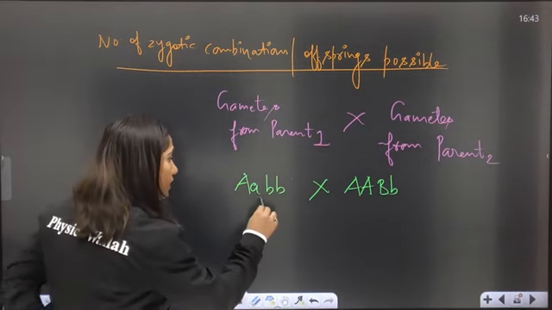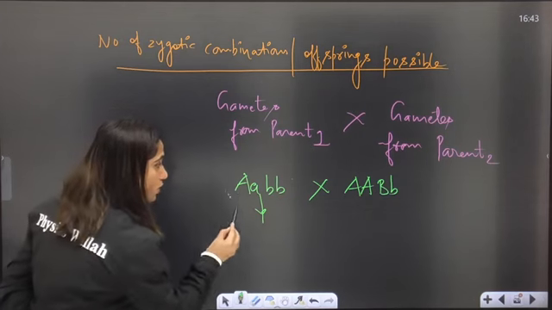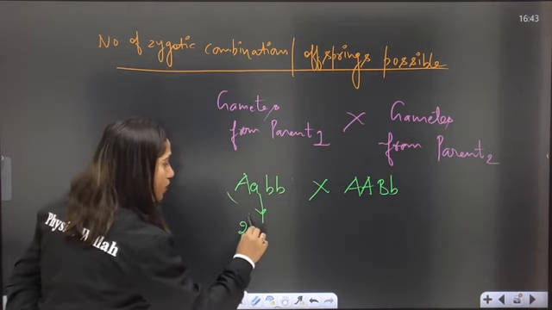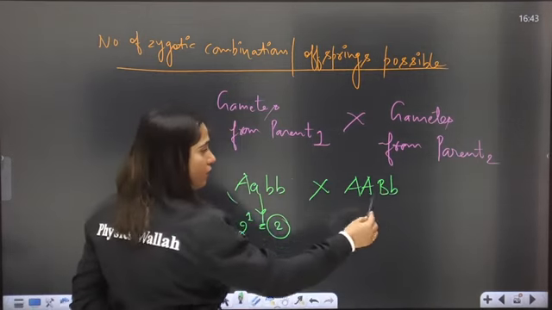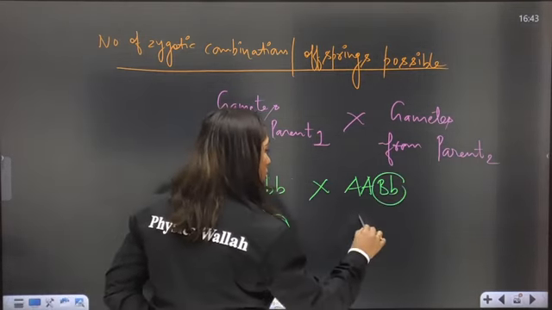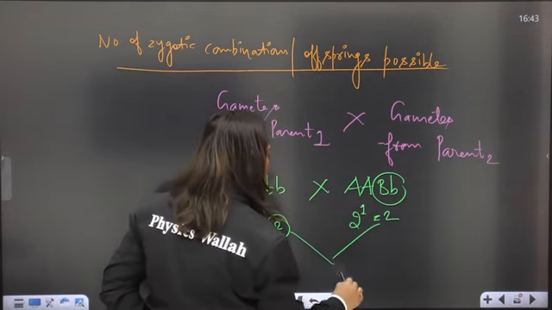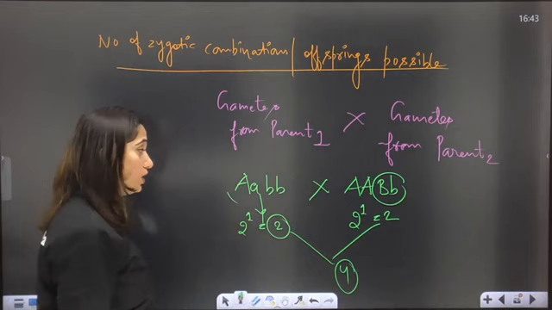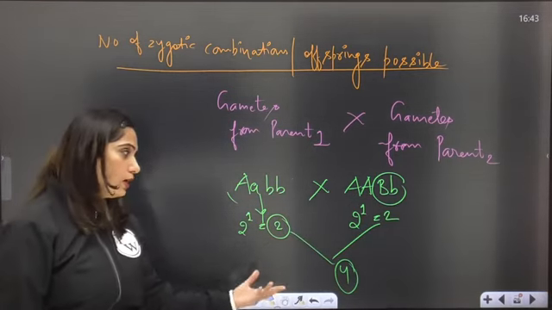So calculate the gametes from parent 1. You know how to calculate: count the number of heterozygous conditions. 2 raised to the power 1 comes out to be 2. Here also the number of heterozygous conditions is only 1, so 2 raised to the power 1 comes out to be 2. So 2 into 2 comes out to be 4. So if these two are the parents, the total number of zygotic combinations possible is 4.